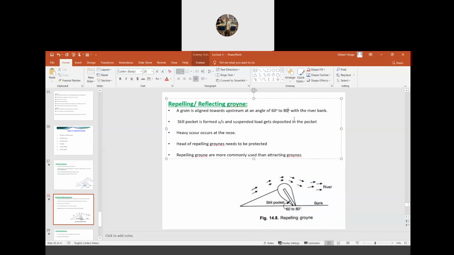So here again, you see, in this case this area is protected, because the water is flowing in this way. So here we'll have a very low velocity, and this is called a still pocket, whereby the deposition will take place here, and then it will prevent this area from being eroded.